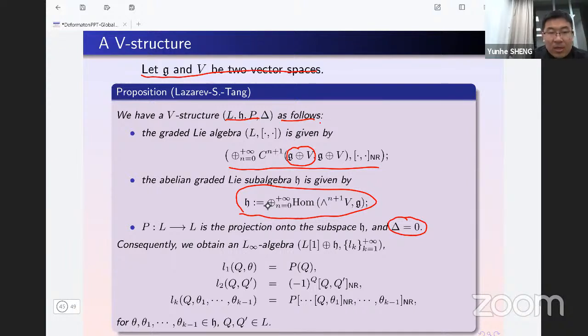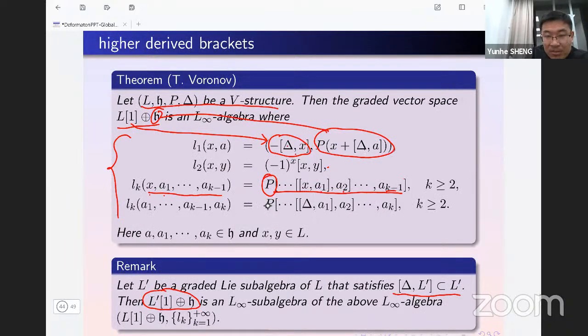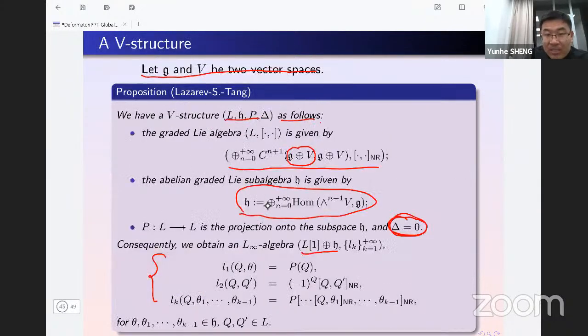And consequently, according to Voronov's result, we obtain an L infinity algebra structure on the direct sum of L1 and H. And here, because delta is 0, the L infinity algebra structure becomes easier. You can see here we use delta, but if delta is 0, the formula is easier.